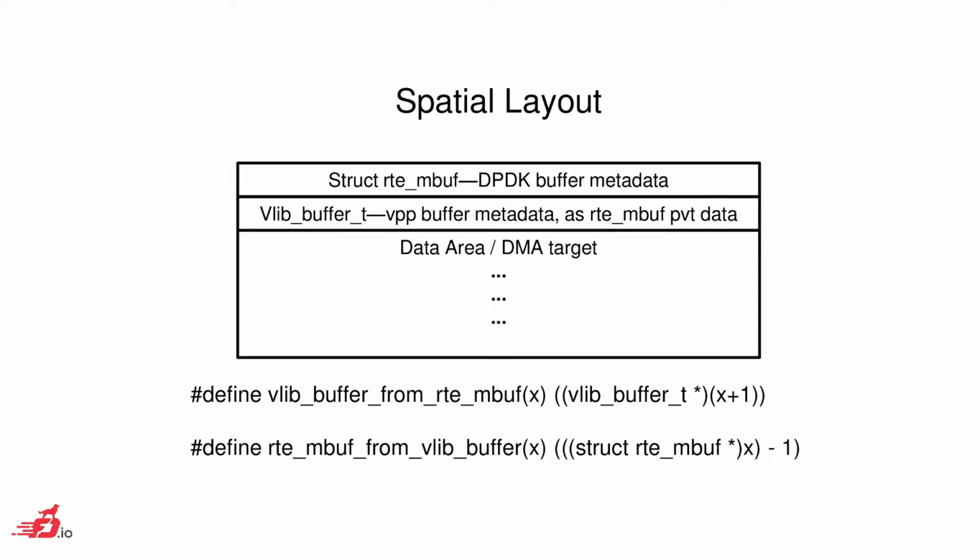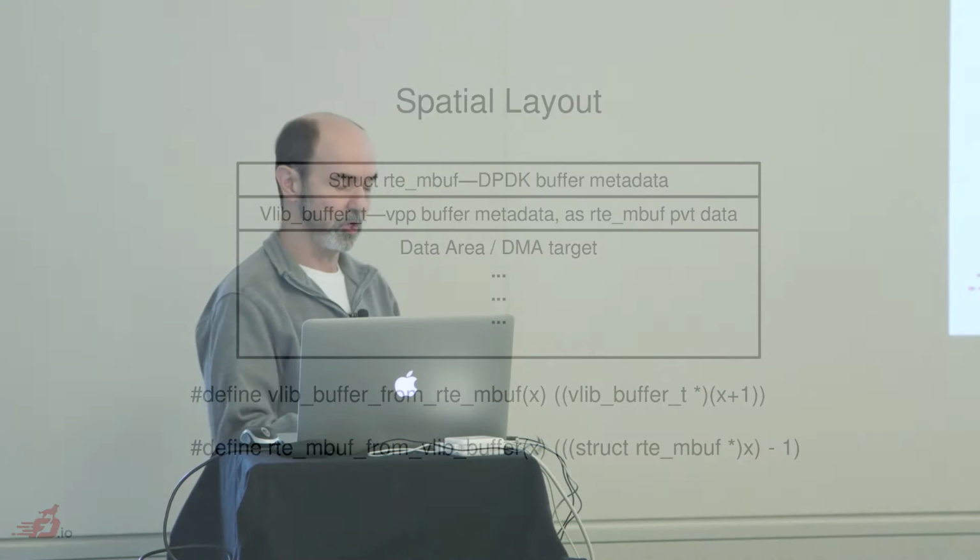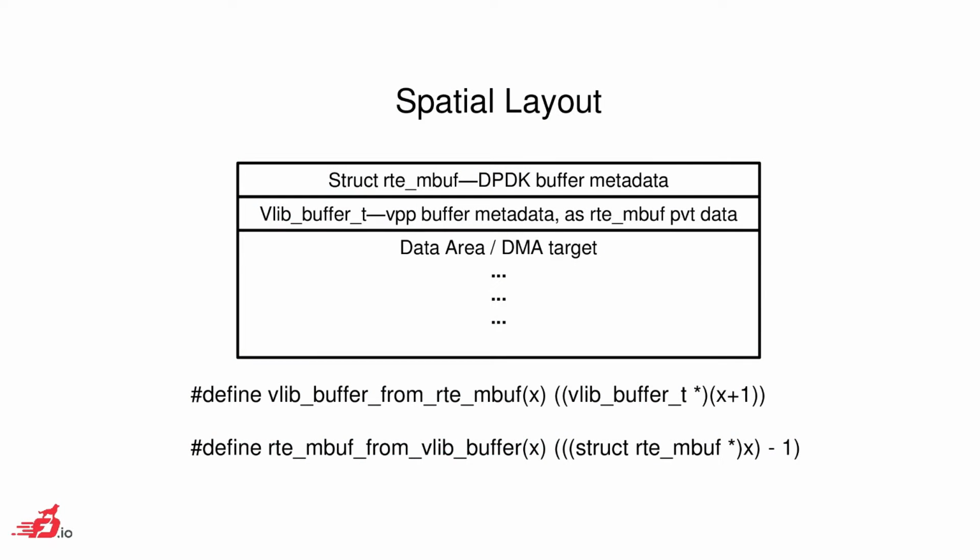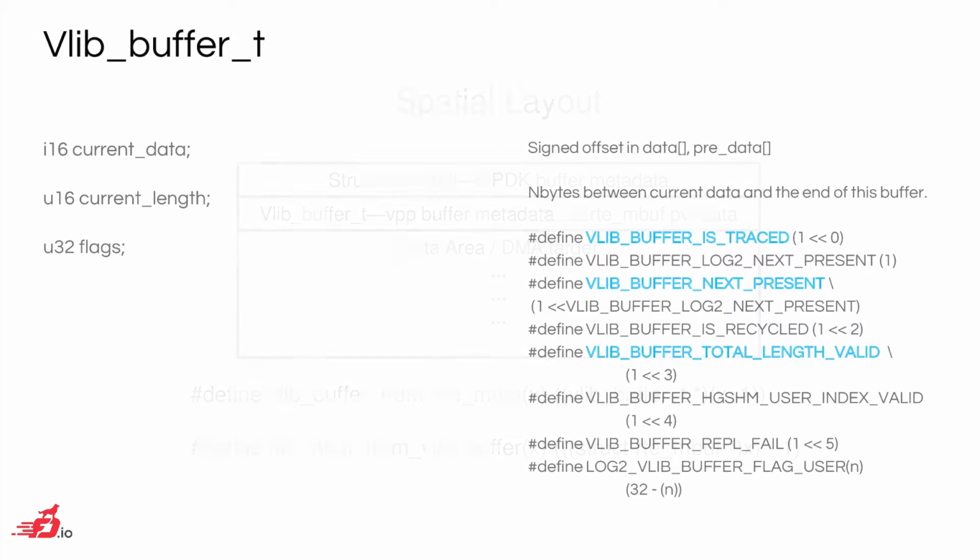The vlib_buffer_t ends up having its own notion of headroom size, so that you can push a tunnel encap back into the vlib_buffer_t from there. That's a pretty common thing. We end up having a couple of handy macros, which are just the obvious sizeof(struct) plus or minus, to translate one to the other.